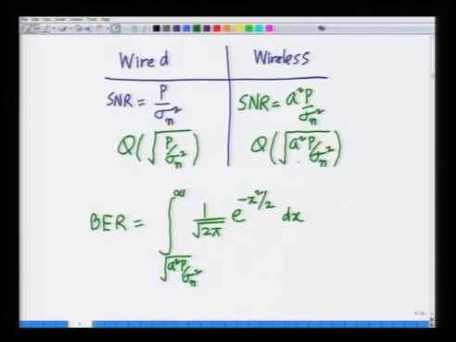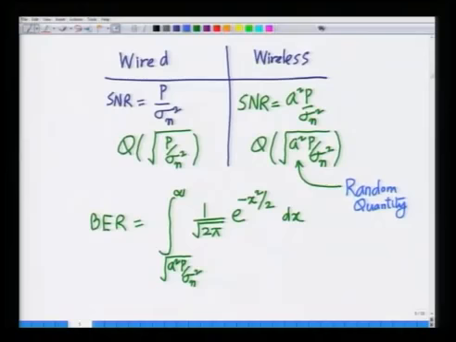However, observe that this a here is a random quantity. We said earlier that a, which is the gain of the Rayleigh fading channel, depends upon the random multipath components.